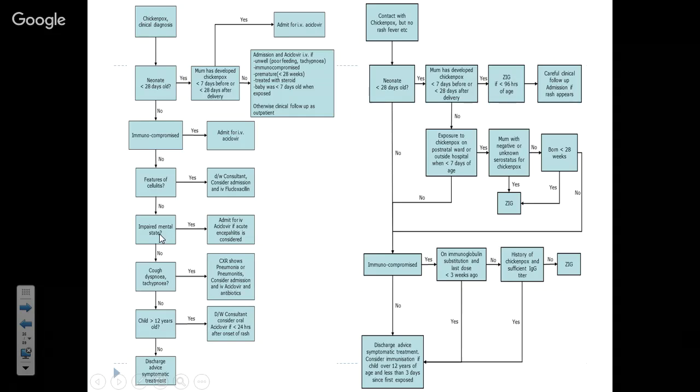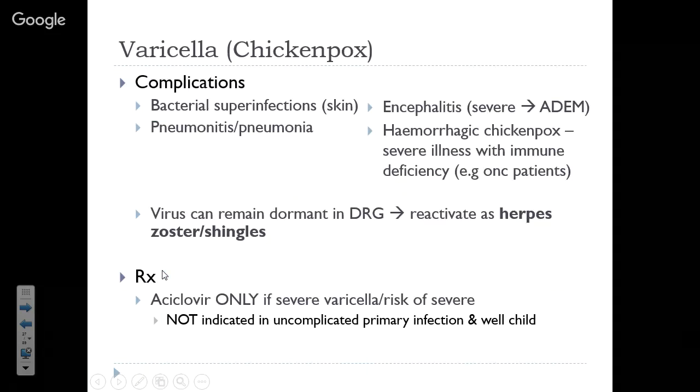So say if they're immunocompromised, or they've got features of cellulitis, or if their mental state is impaired, then you're generally wanting to admit for IV acyclovir or some other treatment as well as monitoring. If they're all clear and it's an uncomplicated infection, then you can just discharge them home from hospital with advice and supportive therapy. So that's generally just that.